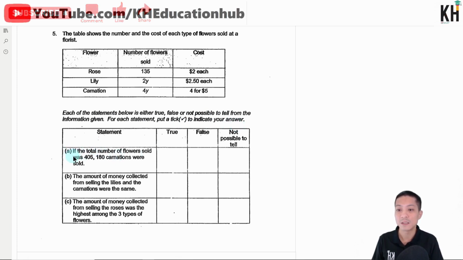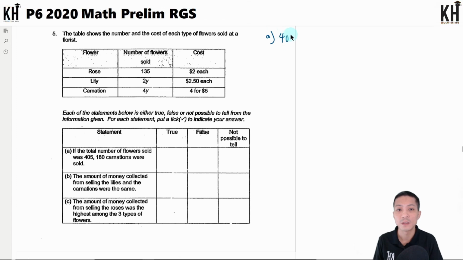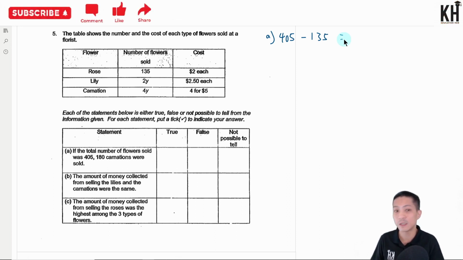Okay, A is asking if the total number of flowers sold was 405, and 180 carnations were sold. So for part A, I'm gonna do it here. First, I'm gonna do 405 minus 135, which is gonna be 270.